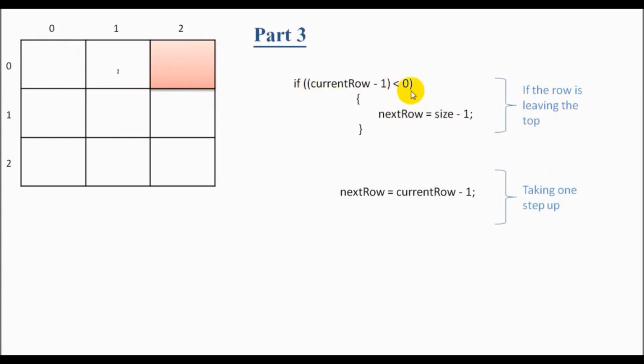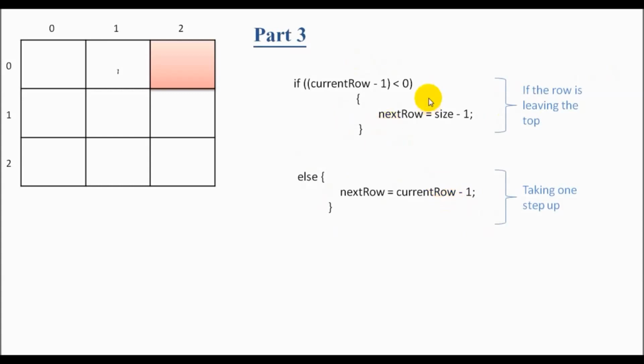That means the condition is true, and then this code is going to be executed. So if this condition gets true, our next row will be size minus 1. And size minus 1 is the last row here. So our next row will be the last row number. So if our row is leaving the top, this code is going to be executed. Otherwise, this code is going to be executed. That's why we just put that code in the else section.